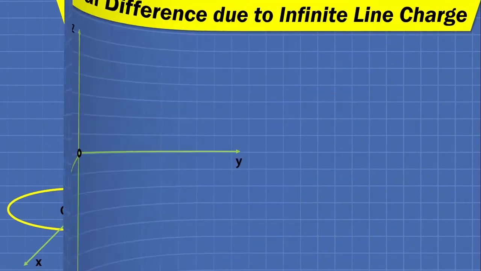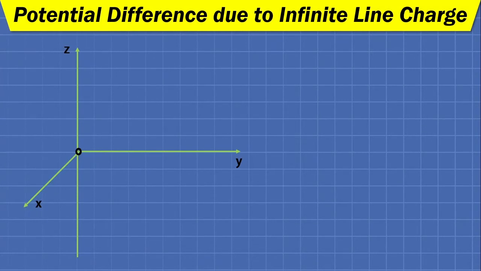Moving further, the potential difference due to an infinite line charge. Again, whenever we are considering line charges, we will consider the cylindrical coordinate system, because that will be the easiest coordinate system to solve our case. So here again I am considering an infinite line charge on the z axis.